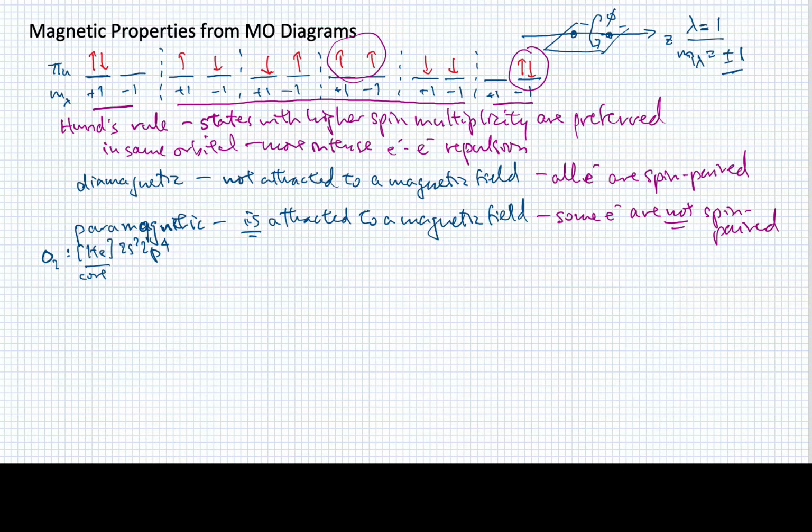But we'll have a set of 2p orbitals, so let's draw those up here, and a 2s orbital, we'll draw that down here, and each oxygen will have equivalent sets of atomic orbitals. So here are the 2s, here are the 2p. We know that the 2s will combine to form a sigma g bonding orbital and a sigma u antibonding orbital.